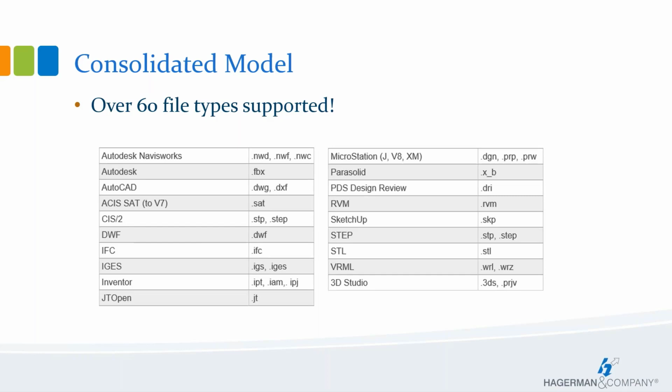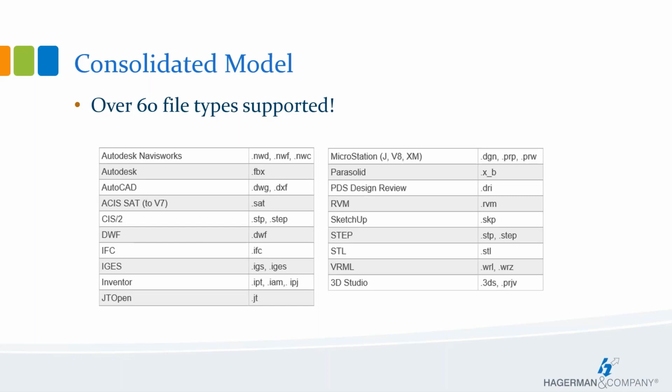You can see on the screen a short list of some of the common file types that are supported. You might notice that there are many on here that are not even created from Autodesk design applications. So while you are looking this list over, the fact that you can create a consolidated model from all different kinds of formats is actually a really big deal.